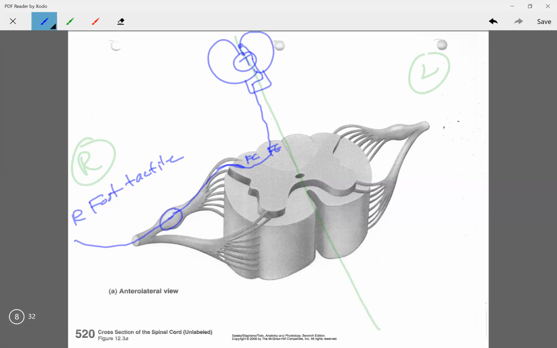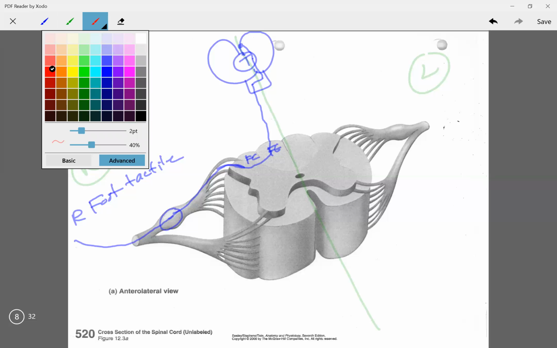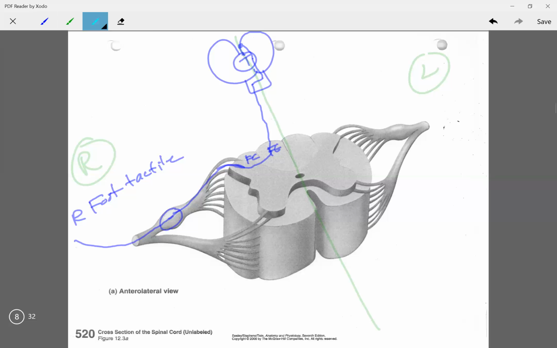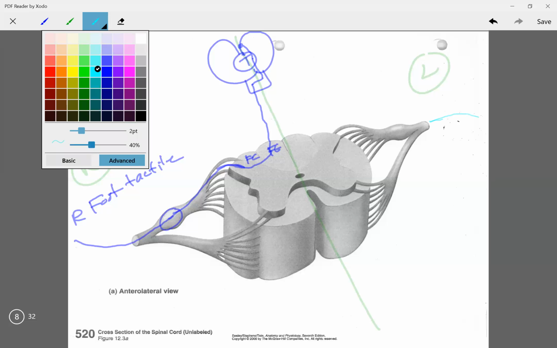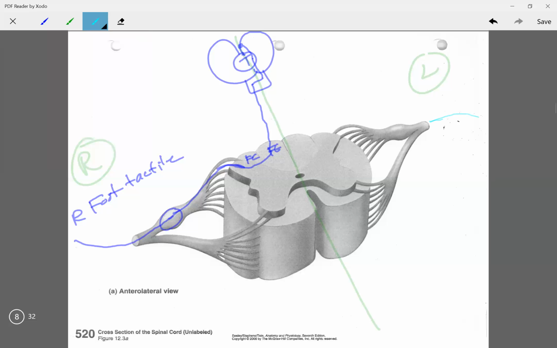Now I'm going to do the left side on this picture here. I'll do it in a different shade. So this is the left foot. Tactile information comes in the dorsal nerve root, goes into the dorsal horn.